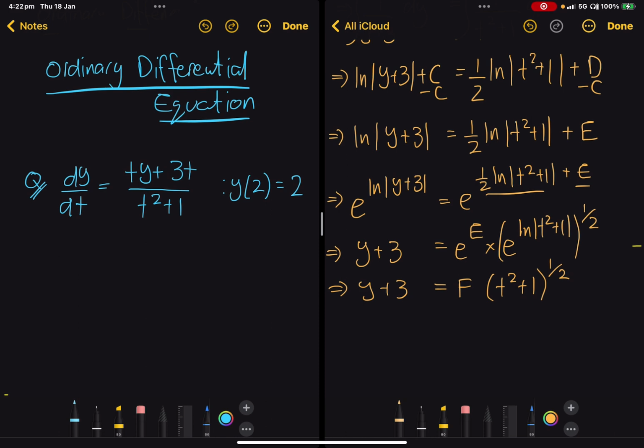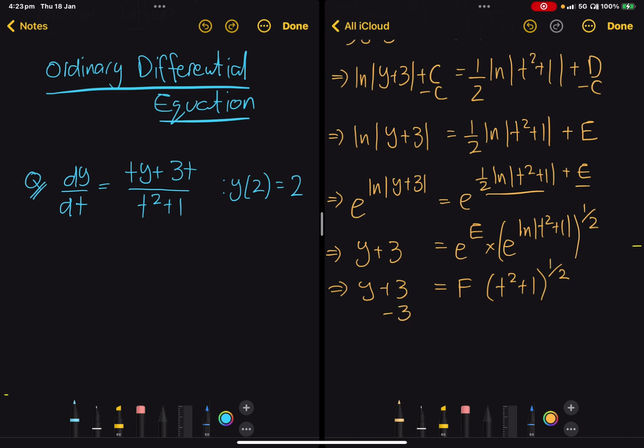Okay, so now we've got this solution, and we're assuming when we're doing this that the t squared plus 1 and the y plus 3, when they went into the absolute value of the log, were essentially made positive by the log, but now we've got rid of the logs, that's no longer a concern. They could have been negative because it was the absolute value and the natural log would have made them positive. Now they can just go back to being positive or negative.